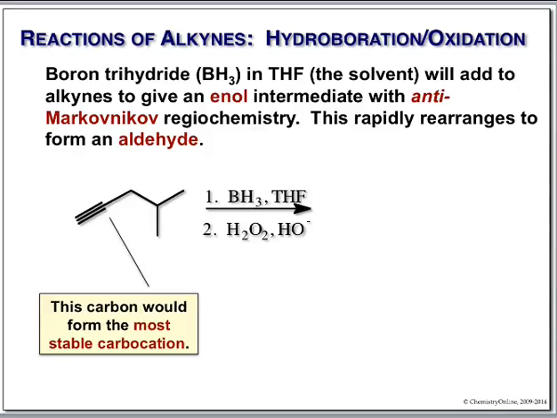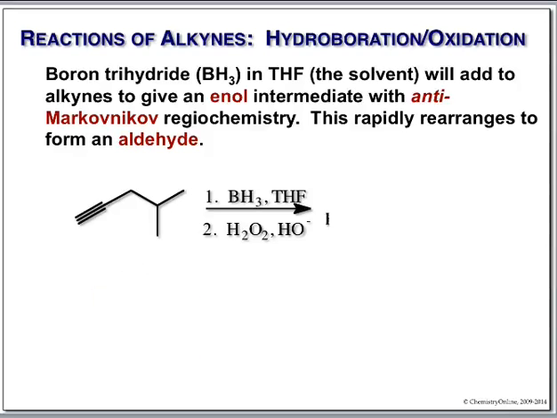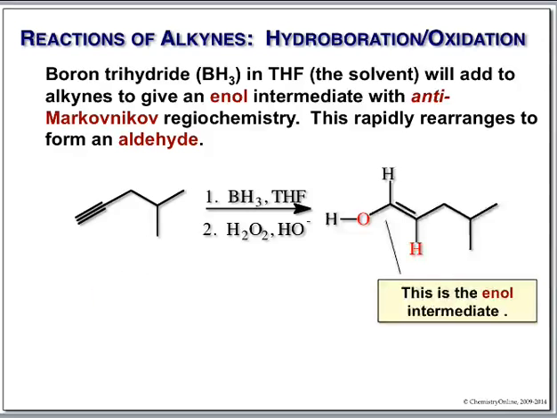Once again, we're going to add water, and that's going to give us an enol. The oxygen will be bonded to the anti-Markovnikov carbon. So just like an alkene. Now, this is still an enol.